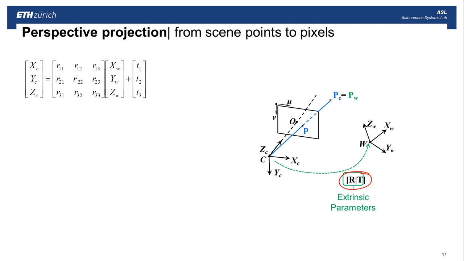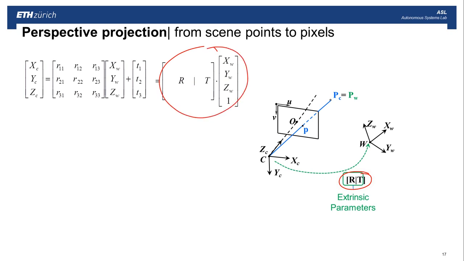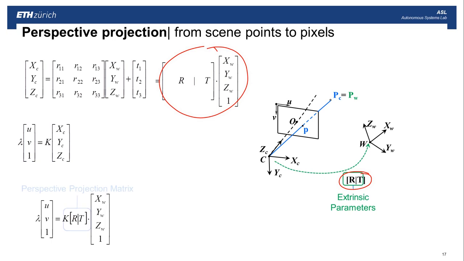Using homogeneous coordinates and matrix representations, these equations can be written in a more compact form as this. We can now substitute this expression into the perspective projection equation and obtain the general perspective projection equation, which fully describes the conversion from the world frame onto the image plane. The product K times R and T gives a 3x4 matrix, which is called the perspective projection matrix.